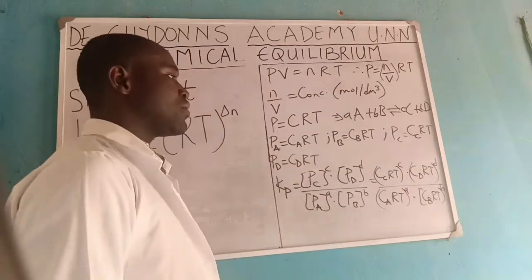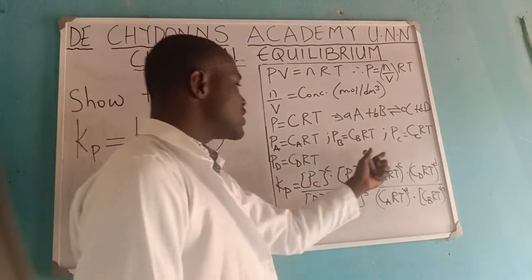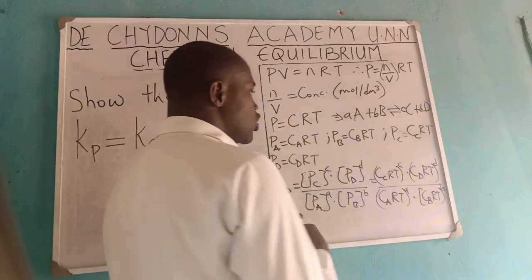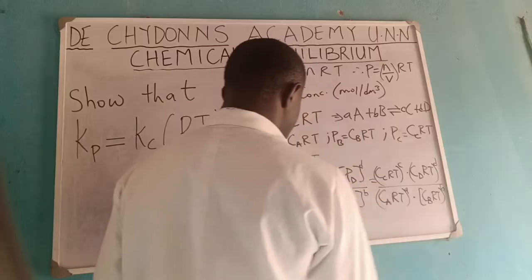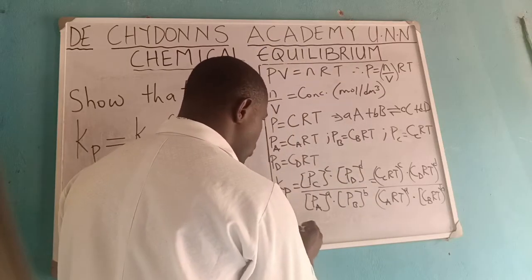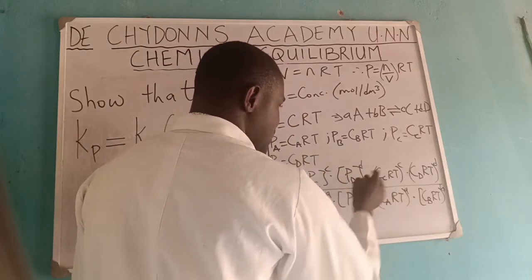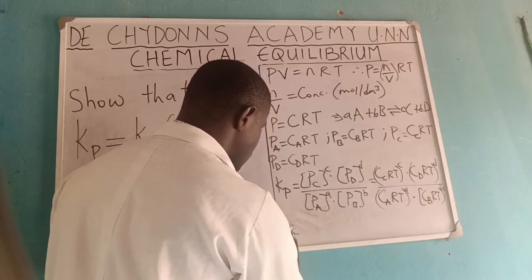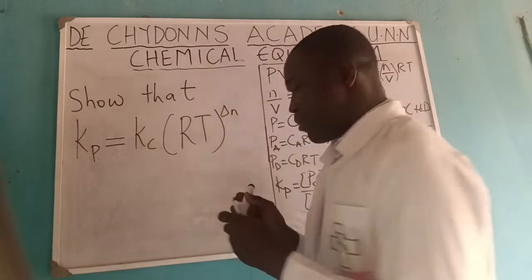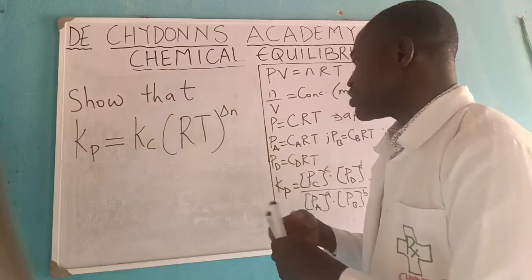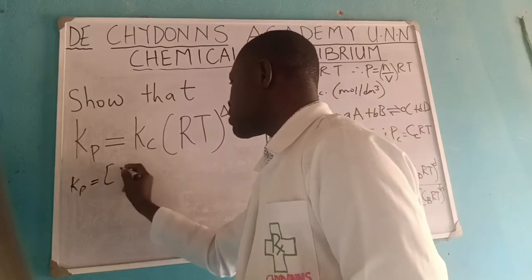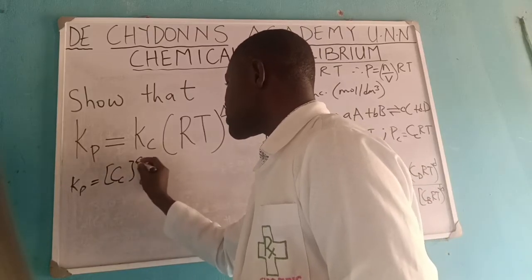You can see now. Now, as we have gotten this, what we will now do is that we collect like terms. You notice that what we have here is Kp equals, from law of indices, Cc raised to power of c.